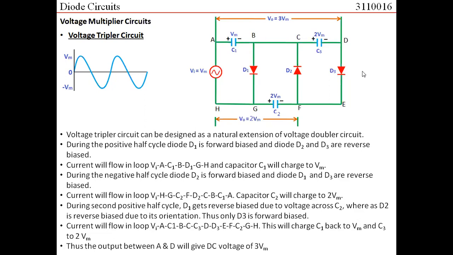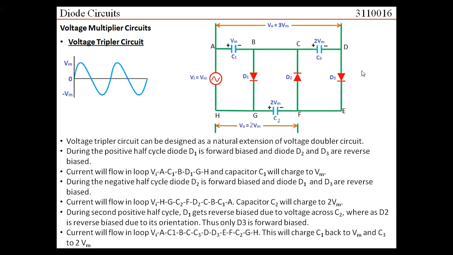Thus, the output between A and D would get a total voltage of 3 times the peak input voltage. And as the output voltage is 3 times the peak input voltage, we say this to be a voltage tripler circuit.